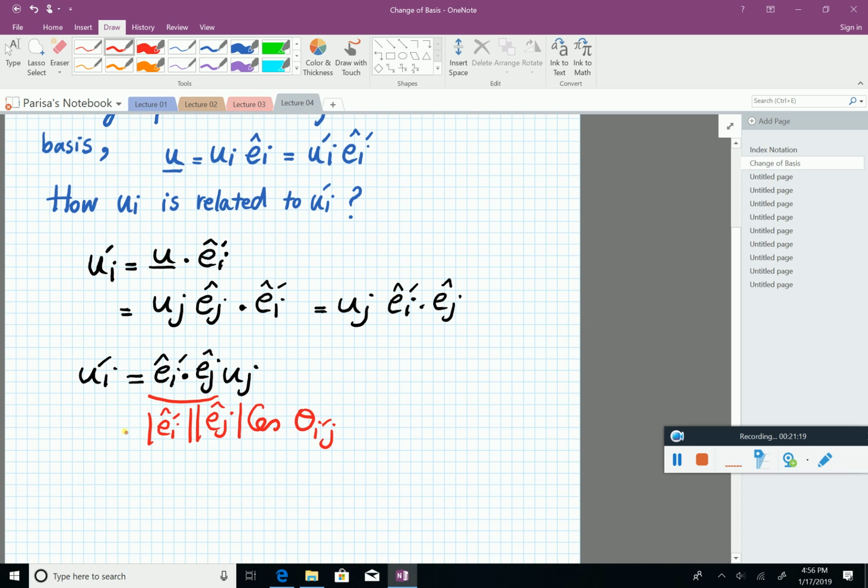And I call this Q_ij. Those magnitudes are equal to 1 because we decided in the beginning that these are orthonormal bases. So that's nothing else but these direction cosines.